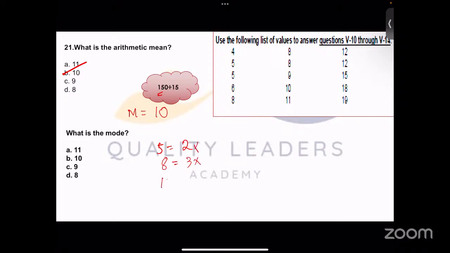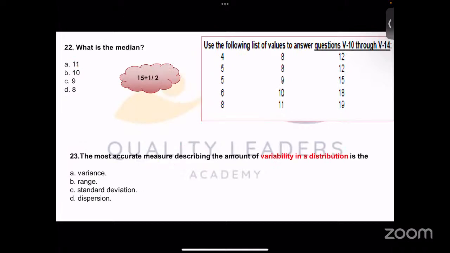What about 12? It appears 2 times. So what is the mode we have here? Number 8 appeared 3 times in our table. So letter D is the correct answer.